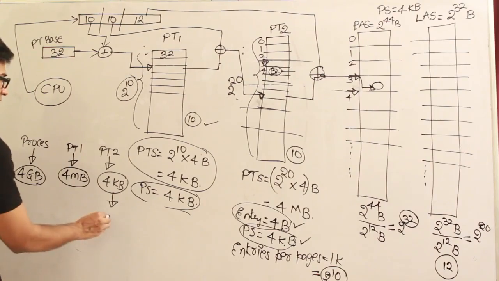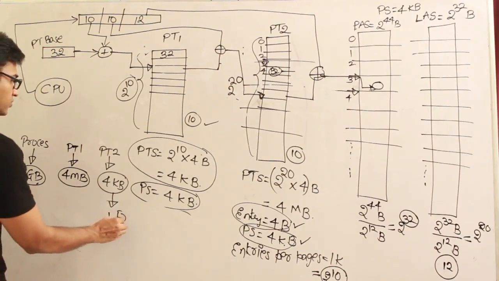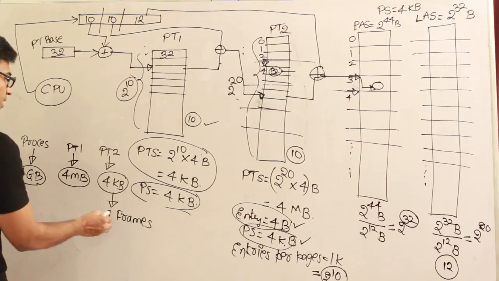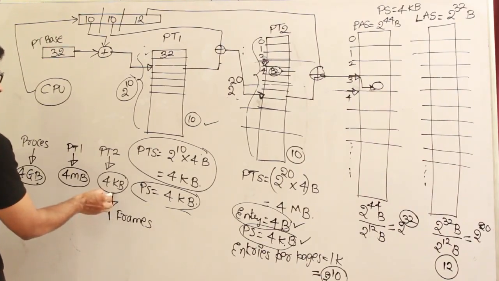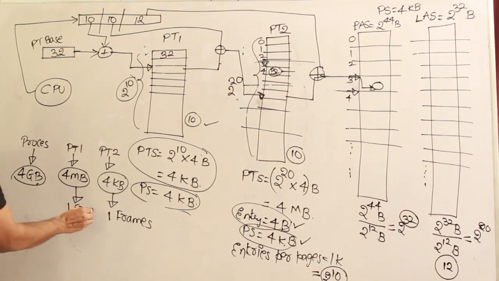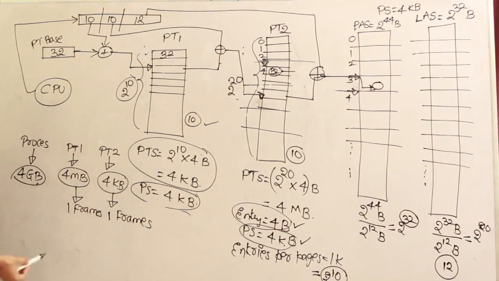Therefore we should definitely dedicate one frame to contain the outermost page table, isn't it? And then this outermost page table will point to one of the pages of the inner page table, and this page has to be loaded in one frame. If it is not available, we are going to load it into that frame, right?